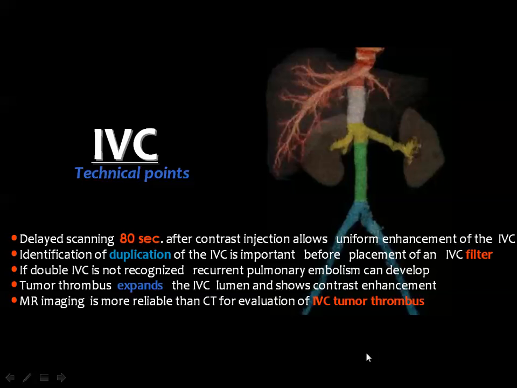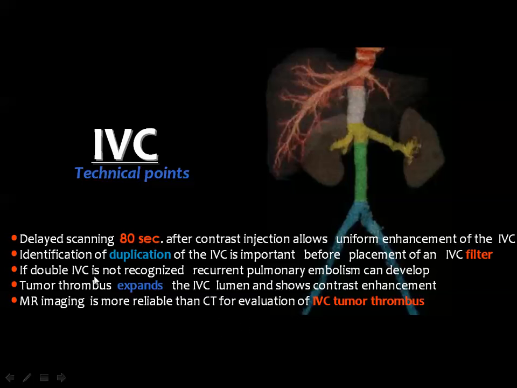It is important to identify if this IVC is absent or if it is duplicated. In cases of duplication, we should care about the issue of filter placement, so that if the patient had deep vein thrombosis and he has also double IVC, the filter should be placed in both IVC channels.